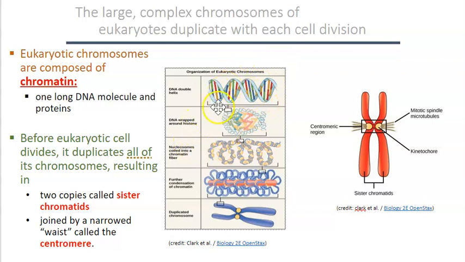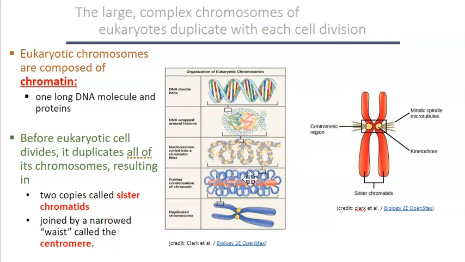In order to keep it in a semi-condensed state so that it fits into the nucleus, the DNA is condensed by wrapping it around these histone proteins and forming this chromatin. So you can see that, right? Here's our DNA. The DNA is wound around these little histone proteins, and it condenses the DNA.